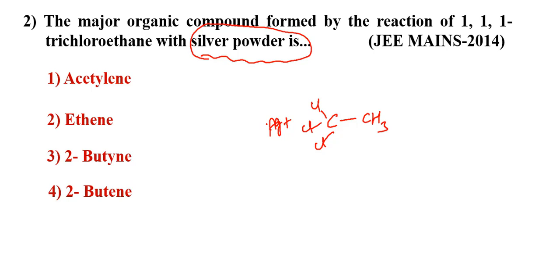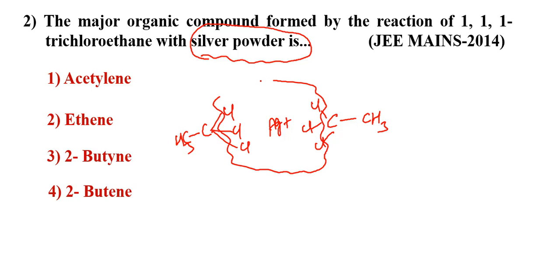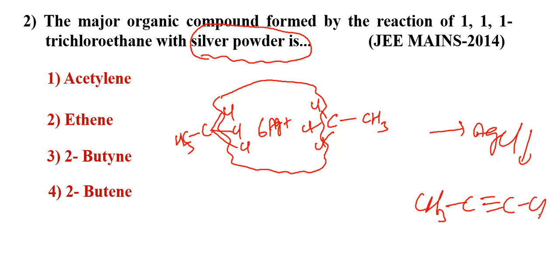If you take silver here, 2 moles of compound, same, chlorine, carbon here CH3. So these 6 chlorines and 6 moles of silver are released as silver chloride, the precipitate. Then it is forming CH3, C triple bond C, CH3. Okay, alkyne preparation. So 1, 2, 3, 4, but-2-yne or 2-butyne, silver powder.